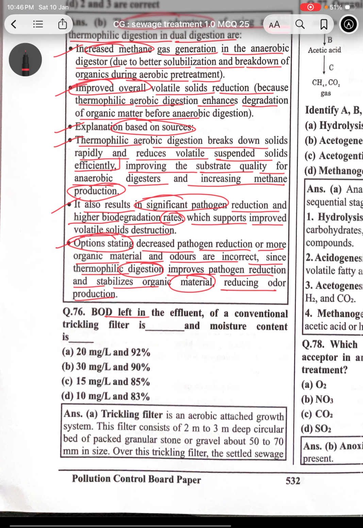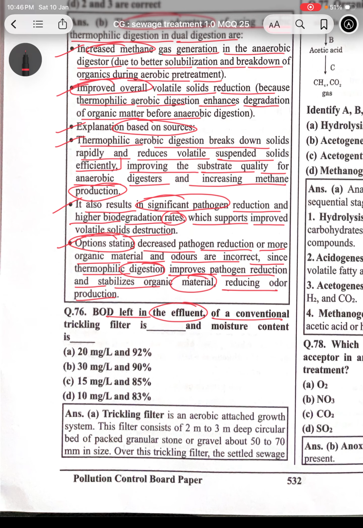BOD left in the effluent of a conventional trickling filter and moisture content are 20 mg per liter and 92%. A trickling filter is an aerobic attached growth system.